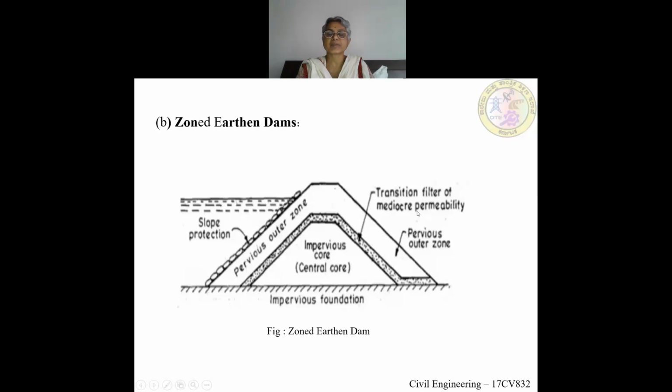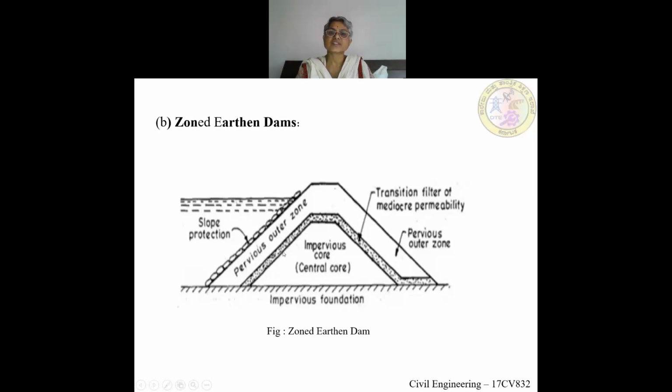Then this transition zone is covered by a pervious outer zone. So this is pervious, this is mediocre pervious, and this is impervious. This is slightly more pervious than the impervious core, and this is more pervious. So there are three zones, and again, as usual, there is a slope protection.